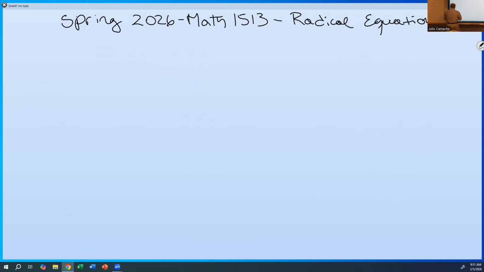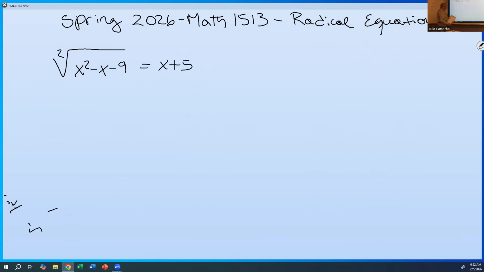Another example that you will see in your assignment is the square root of x squared minus x minus 9 equals x plus 5. How do we proceed?